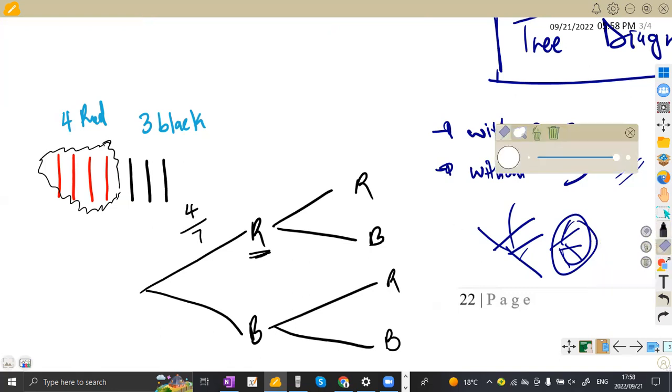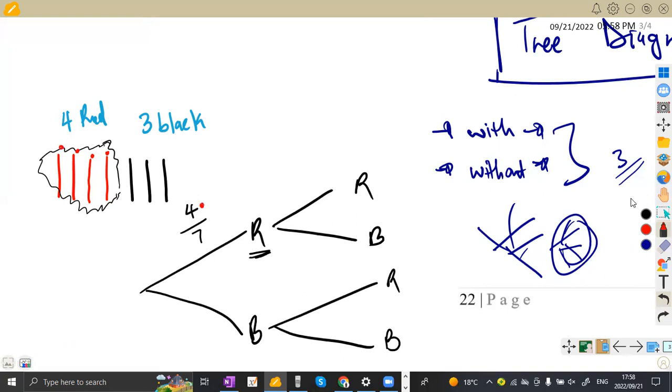If this is without replacement, this is what is going to happen. You pick a red marker, and that marker is not put back. But to pick this marker, we had 4 chances. Those are true, we had 4 chances because they were there. So we could pick this marker, or this one, or this one.